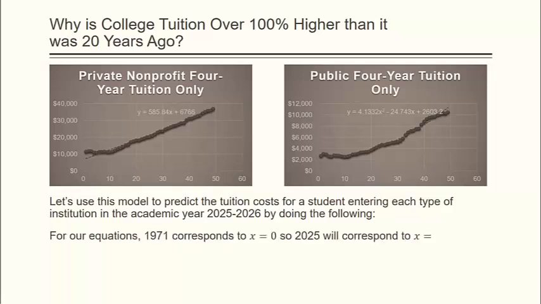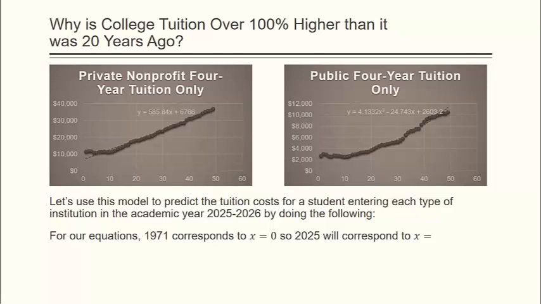Now remember that our data started in the year 1971. So the year 1971 for us corresponds to x equals 0. And so if we're interested in the year 2025, what x value will 2025 correspond to?